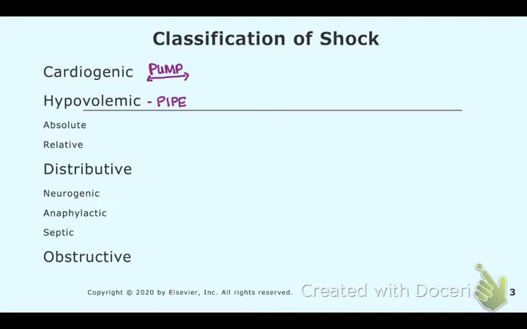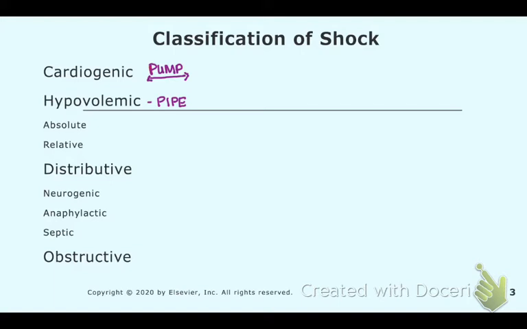Absolute just means what it says it means, an absolute loss. There's either a lot of bleeding, so like hemorrhagic, or there's fluid loss, GI, such as diabetes insipidus, or stomach virus and they're vomiting a lot, or somebody's first becoming a diabetic, or anything really where they're losing a lot of fluids other than blood.